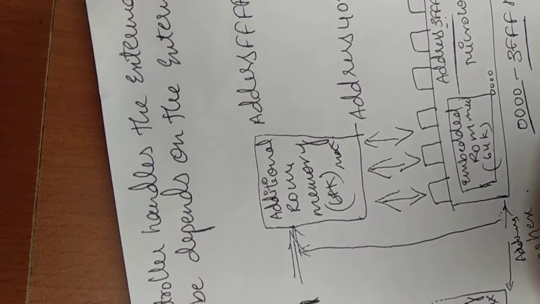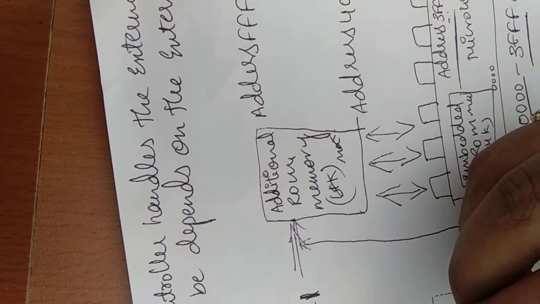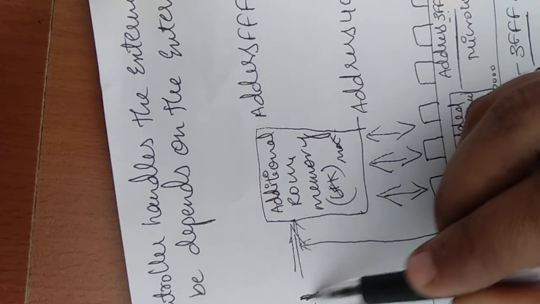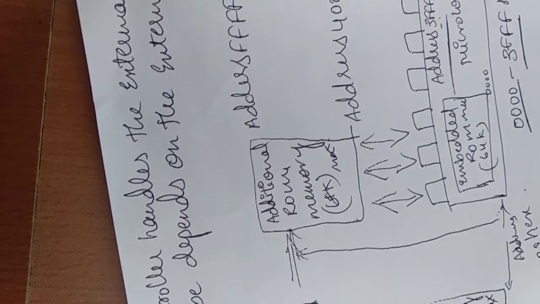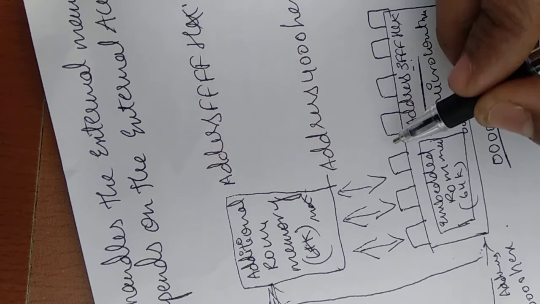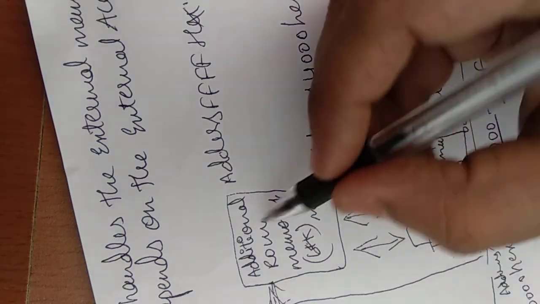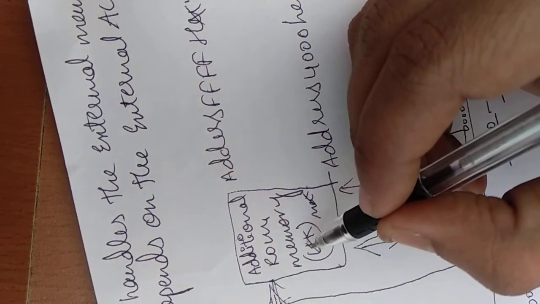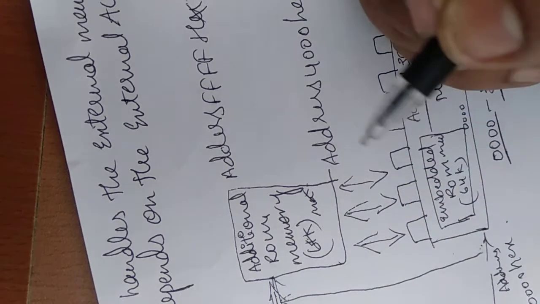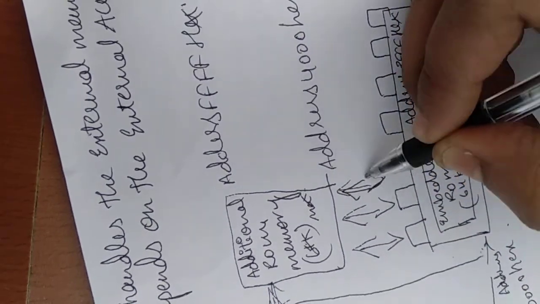When you enable the external access pin, making it 1, at that time it will be embedded with the additional 64K ROM memory in the microcontroller.